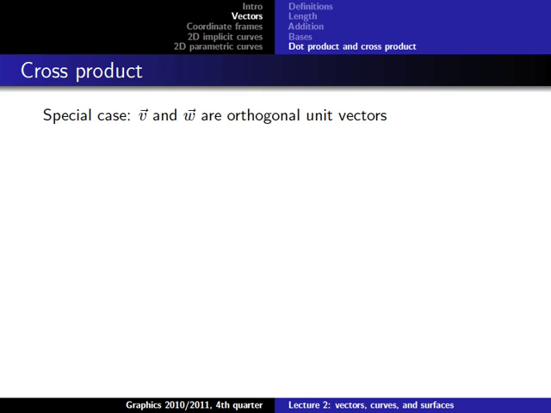For example, if we have a 3D virtual world that is modeled with a coordinate system, which is sometimes called the world coordinate system or the world system, and we want to model this with respect to a specific camera position, then it might make sense to calculate also from the camera perspective. So we have to create a different coordinate system when we place the camera at a specific position. And this is why we need to create a basis with 3 orthogonal vectors, and the cross product is a way to do that. And if we use unit vectors to create our third vector, then the third vector will also have length 1, and this is the special thing that I want to mention here.